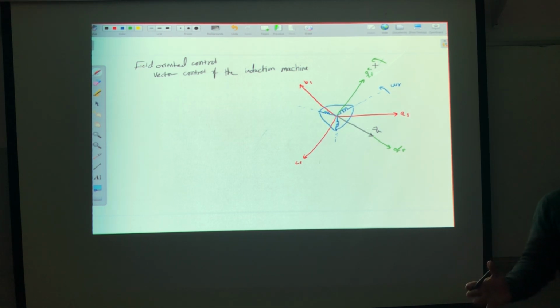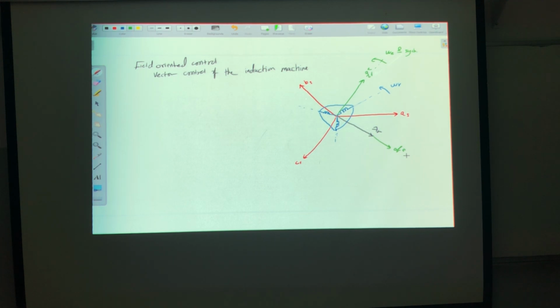Any electrical signal is rotating by synchronous speed, correct? So the reference frame is rotating by omega E, which is the synchronous speed. So simply, the D here is the magnetic axis.